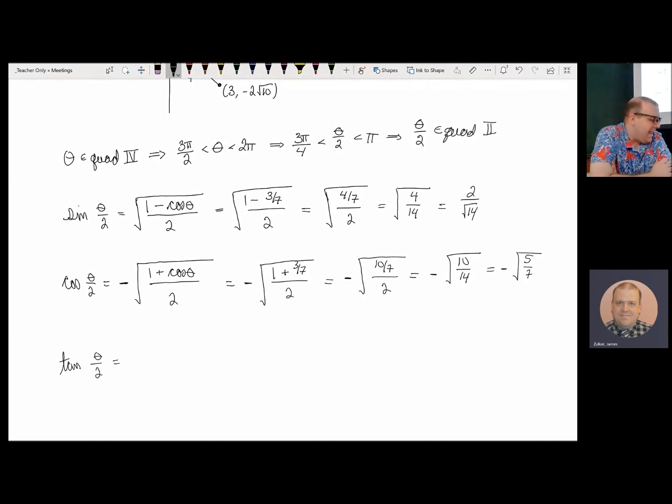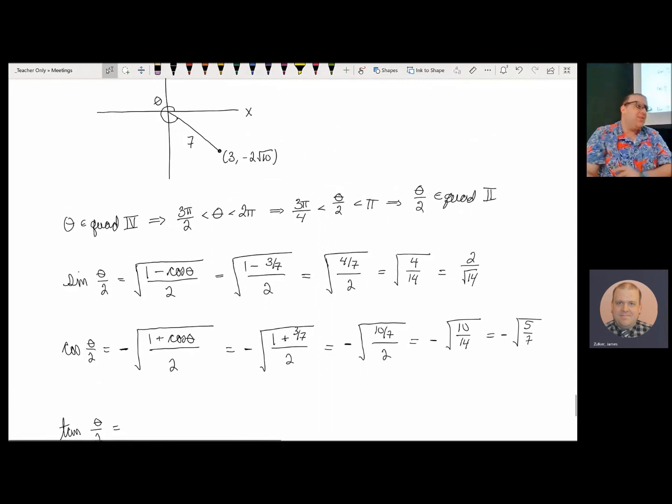Tangent of theta over 2, again, you have your choice. If you didn't want to find the y coordinate, you can just use the first one, which would be negative square root of 1 minus cosine over 1 plus cosine. I mean, we found it, so.